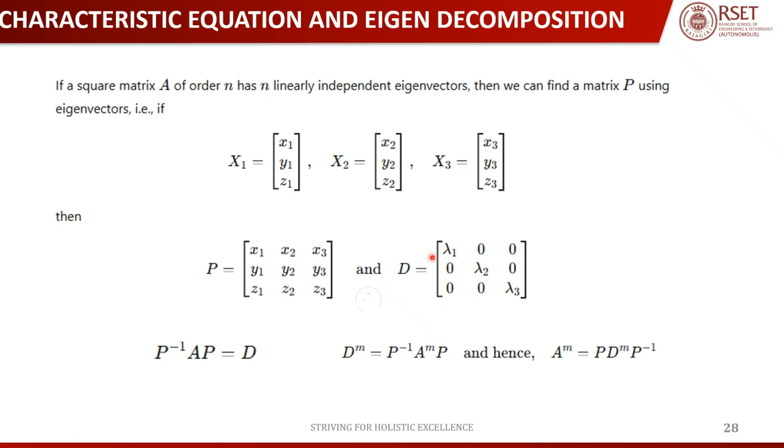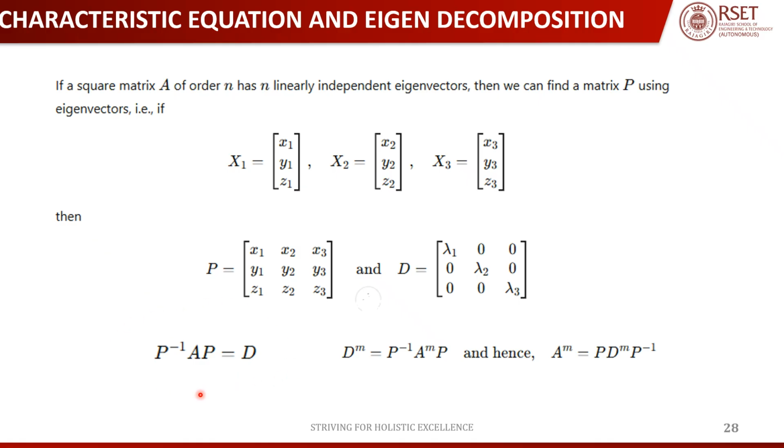The second diagonal entry is the eigenvalue corresponding to the second eigenvector, and the third diagonal entry is the eigenvalue corresponding to the third eigenvector. Then you have P and D, and you can write P inverse AP is equal to D.